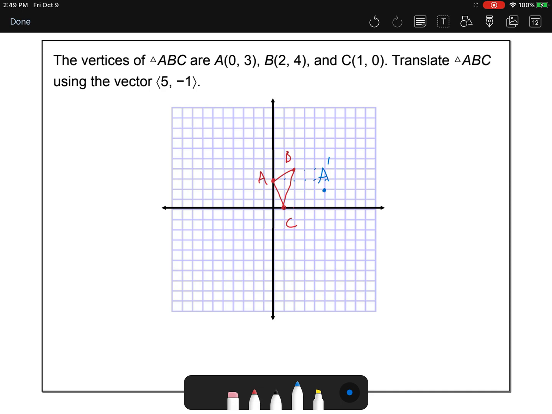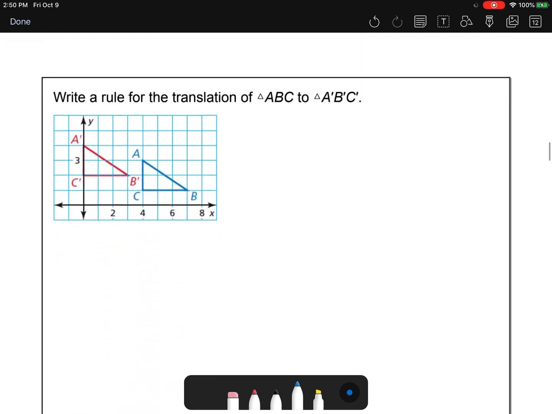There's A prime. B, right 5, down 1. B prime. C, right 5, down 1. C prime. So there is our triangle that has been moved via the vector 5, negative 1. And if you drew every vector here, the vector would be right 5, down 1. Kind of cool, isn't it?